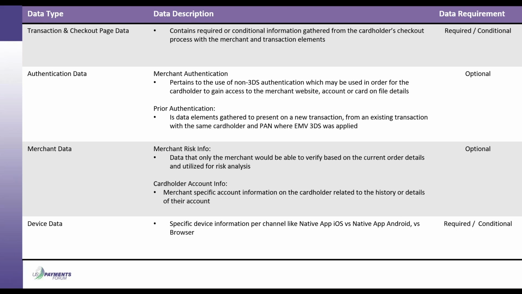The third bucket is merchant data, which is really like merchant risk information. So what other attributes does the merchant have on this particular order, this particular customer, that may help the issuer in making a risk-based decision, as well as cardholder account information. So let's say there is an account on file and there's some activity on that account, or an account creation date.